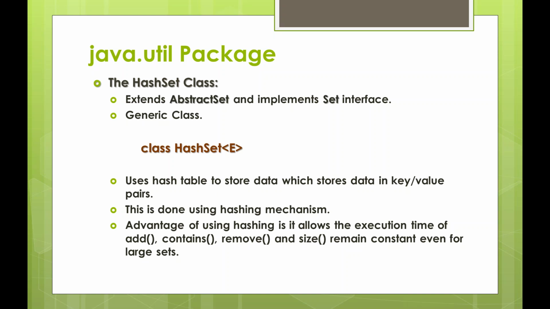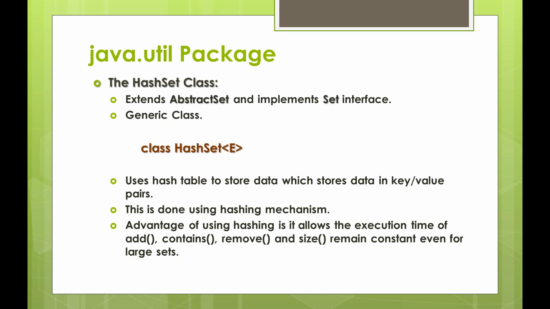Okay, by Java. So what is the advantage of using a hash set? The execution time of add, remove, and size will remain constant even for large sets. Even if you want to add millions of objects to a particular collection, the execution time for add will be the same for each and every object.